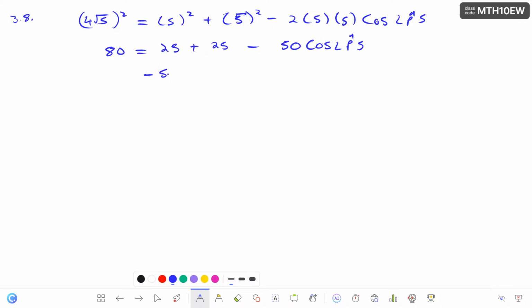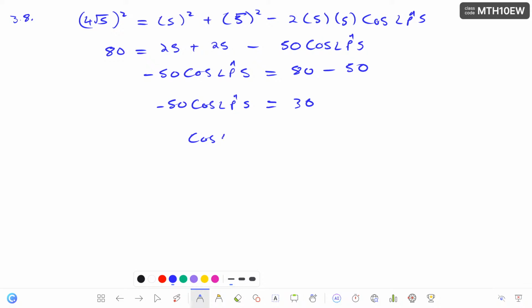So negative 50 cos of LPS is going to be 80 minus this 50. So our answer is going to be 30, then negative 50 cos of LPS. So now we need to divide by negative 50.